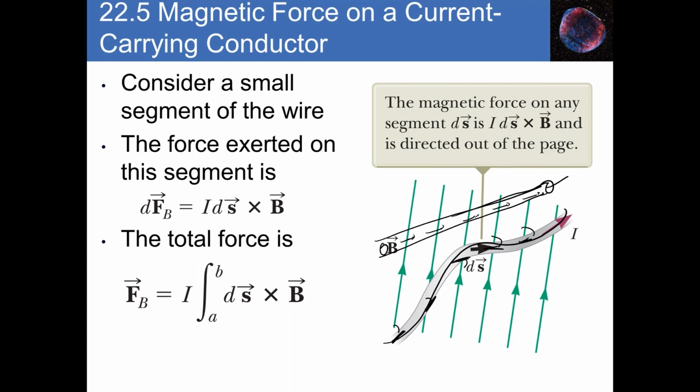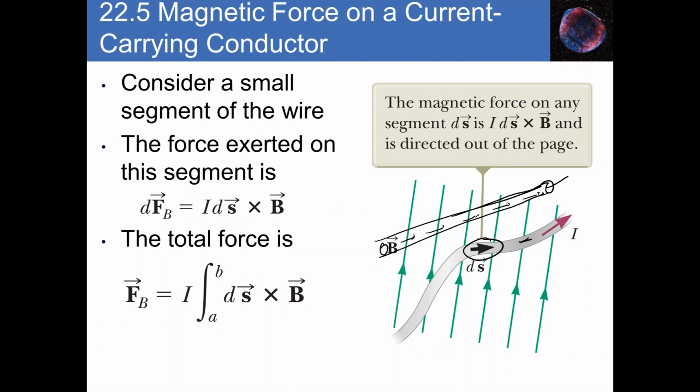So the phi changes. In that case we cannot just use I L B sine of phi, because that can no longer be applied, since it's not a straight current carrying wire.